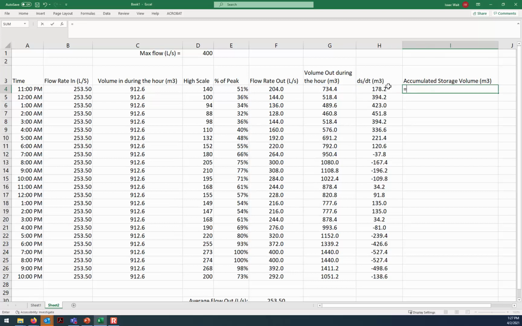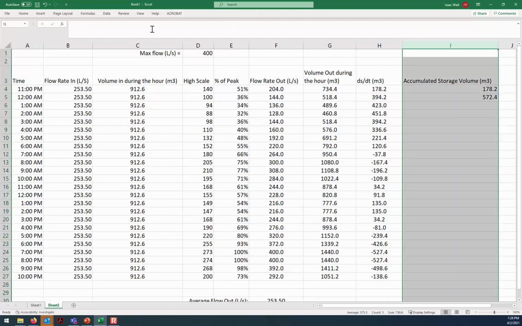So the volume of water in the tank during the first hour is just how much came in during that hour. But in the second hour, it is the previous hour's accumulated volume plus how much new flow came in during that hour. So it's the cell above and the cell to the left for the accumulated storage volume.